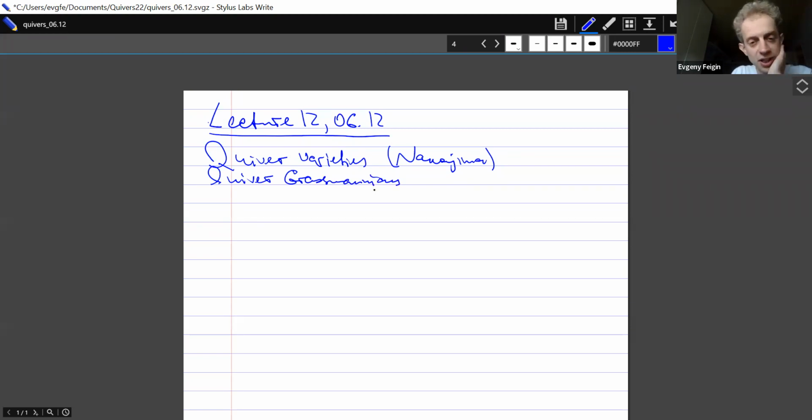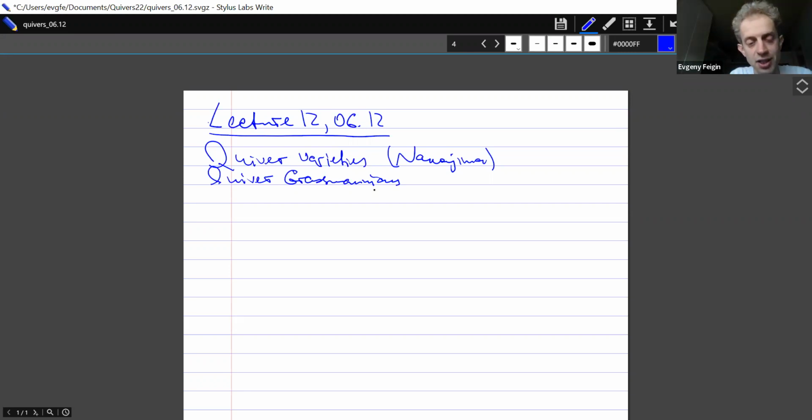The latter are kind of more down to earth, the former are more complicated. However, both classes of varieties are rather important and show up in many applications and constructions.